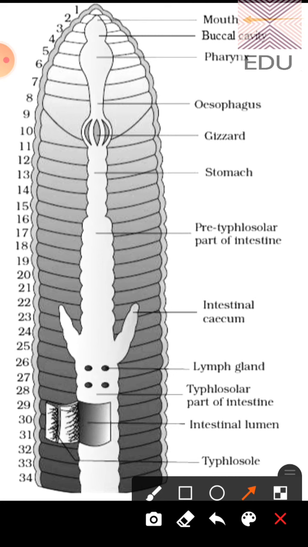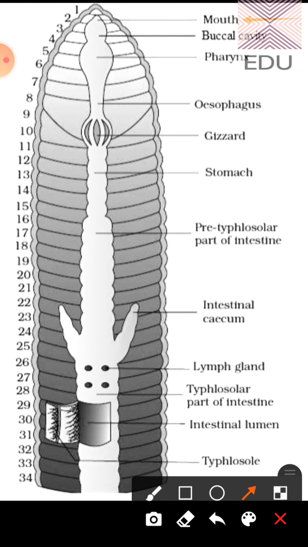Now this is a very important thing to note, that the first segment of the earthworm is the peristomium. So peri refers to the periphery and stomium refers to the mouth. So peristomium literally means the peripheral part of the mouth. So this is the first segment.